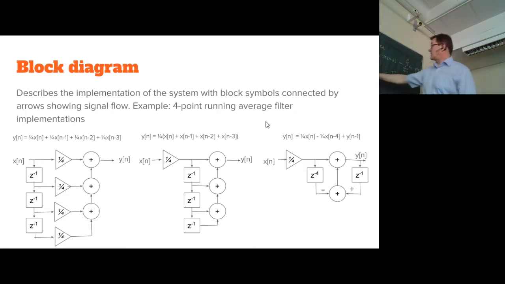For this kind of system, you would have the input and then the delay chain here, and then the scaling factors B0, B1, B2, and then a summing junction, and here you have the y n output.